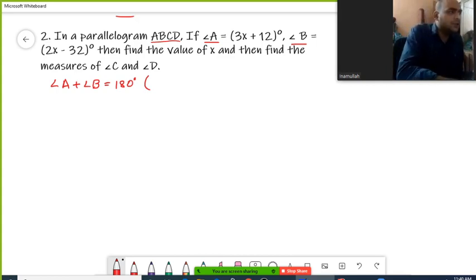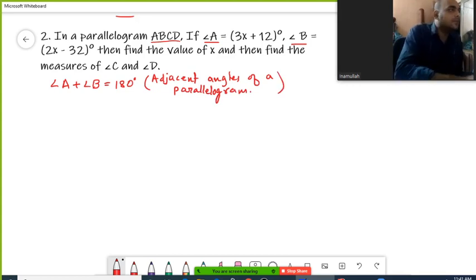So here you can say adjacent angles of a parallelogram. This is your reason for this statement that angle A plus angle B is 180 degree.